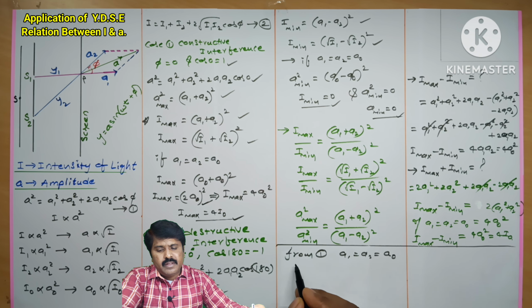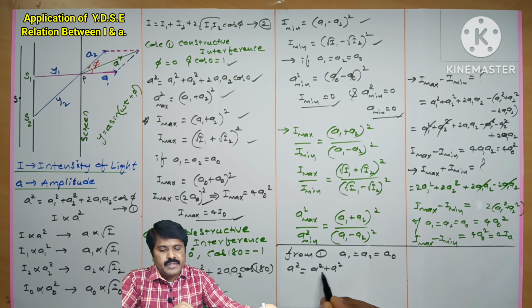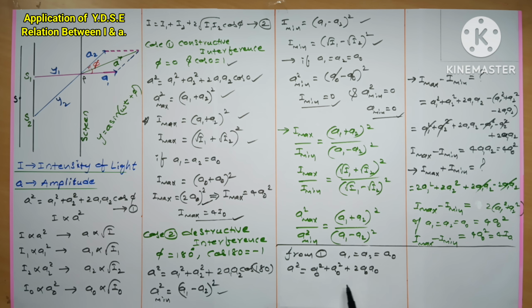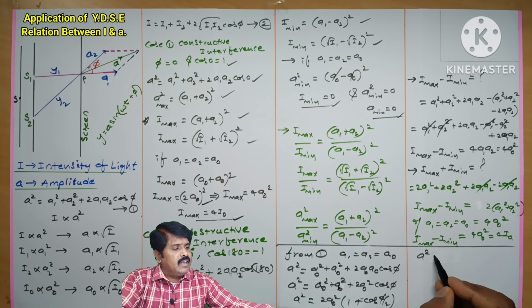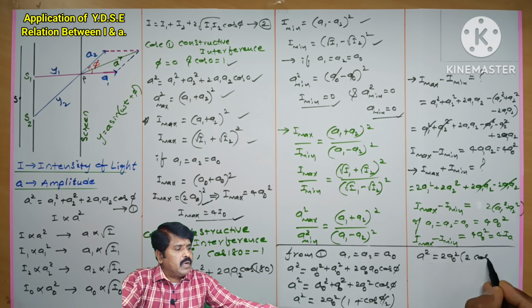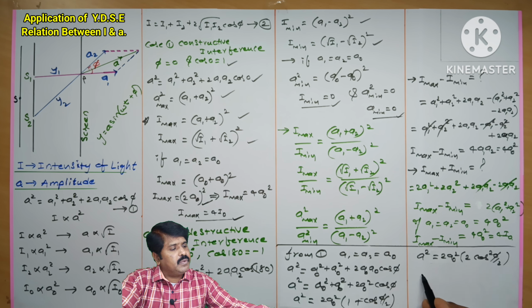Writing there, a square is equal to a naught square plus a naught square plus 2 a naught into a naught, and then a square is equal to 2 a naught square common, into (1 plus cos phi), so 2 a naught square into 2 cos square phi divided by 2.